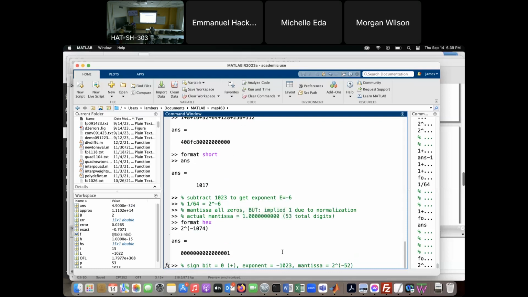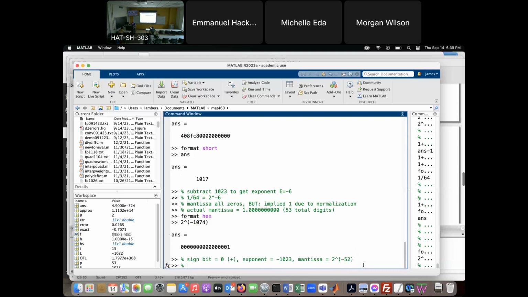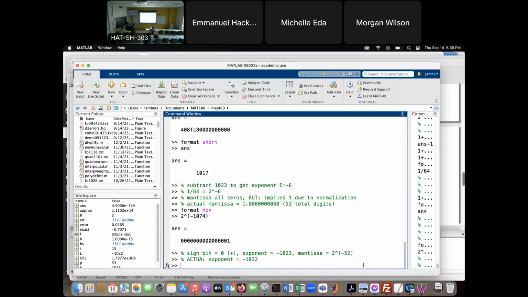Okay, here's the strange part. The bits coming from the exponent point to minus 1023, but the mantissa being 2 to the minus 52, that's the least significant possible digit. The actual exponent is minus 1022, because if I add them together, I get to minus 1074.